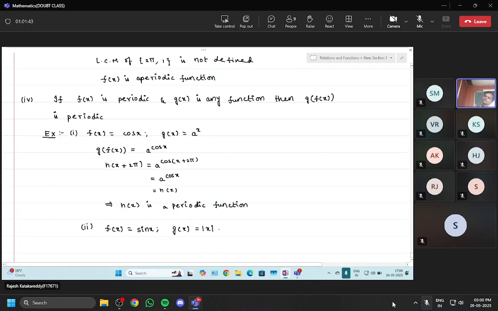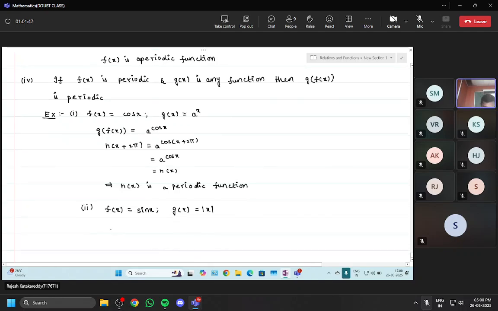Modulus of x is not a periodic function, that is a periodic function. Now, if I am taking g of f of x, this will be modulus of sin x. See, modulus of sin x is periodic, but the fundamental period is not equal to that of sin x, right? That's why I didn't give any.